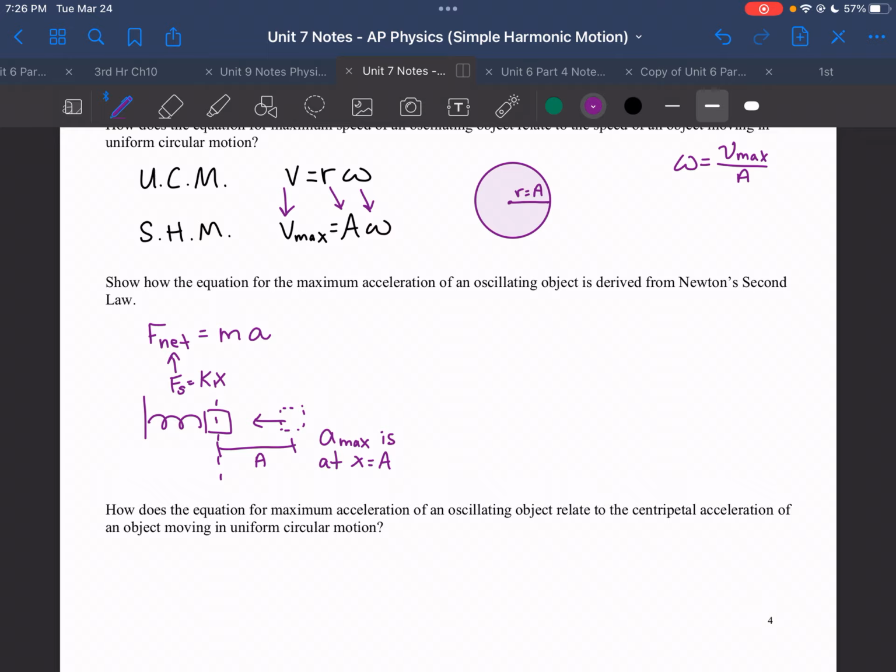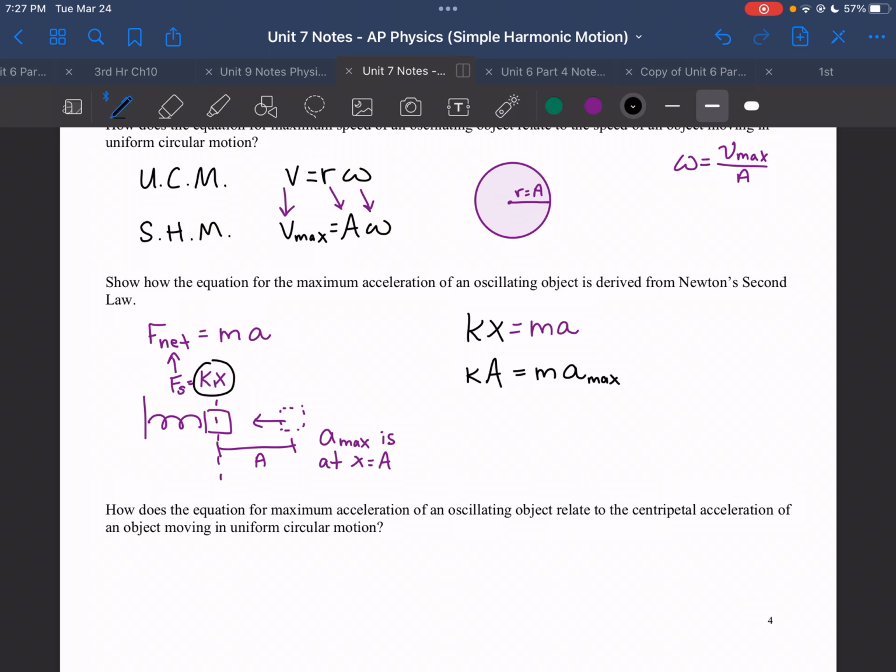So if we replace that in for our F net, we know that the spring constant times the position is equal to mass times acceleration. Now, if I want to make it at its maximum, again, we know that it's at its maximum when x is equal to the amplitude. So oftentimes you will just write it as k times the amplitude is equal to mass times the max acceleration.